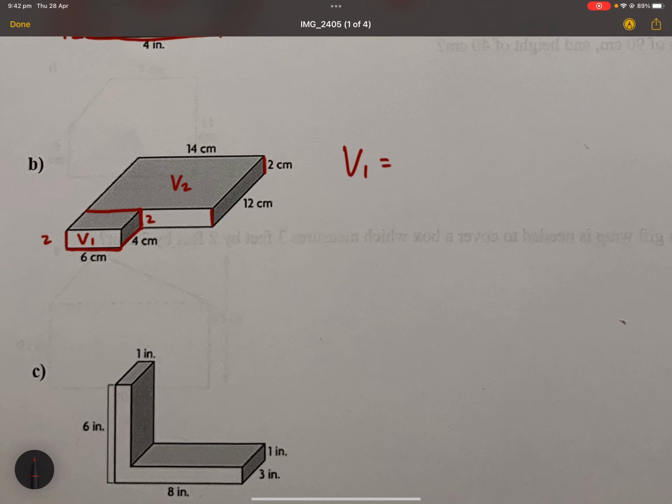So V1 is equal to 6 times 4 times 2, which equals, let me see, 8 times 6, which is 48. 48 centimeters cubed. V2 is equal to, what do we have here? We need the length.